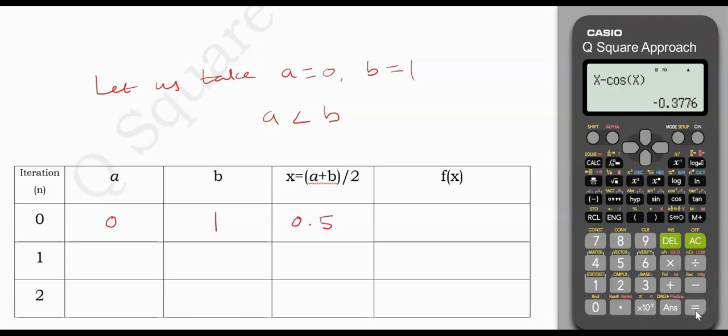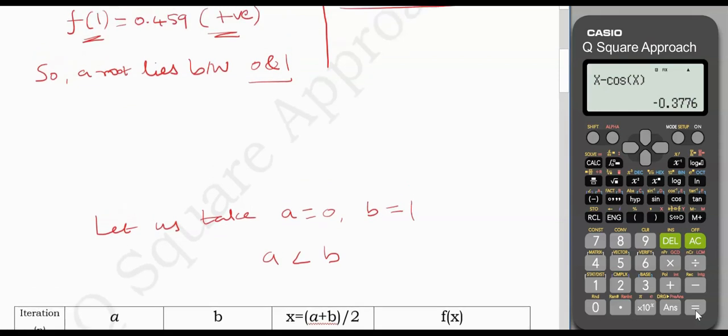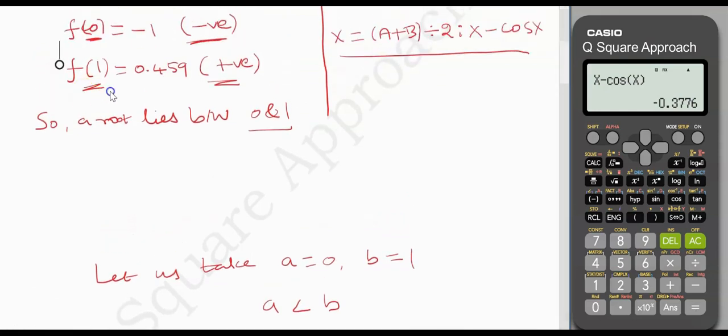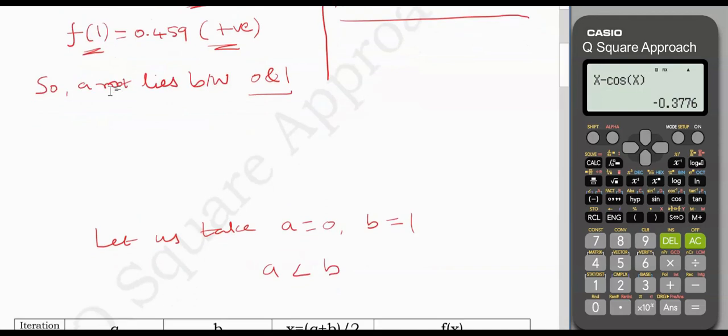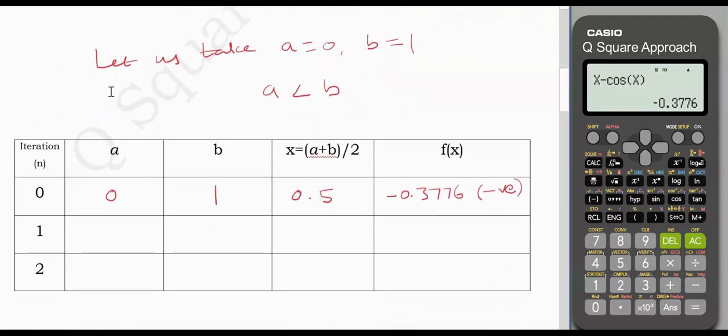Again equal, the function value is minus 0.3776. This is negative, and the previous value f of 1 is positive, so the root lies between 0.5 and 1. So let us take 0.5 as a and 1 as b.